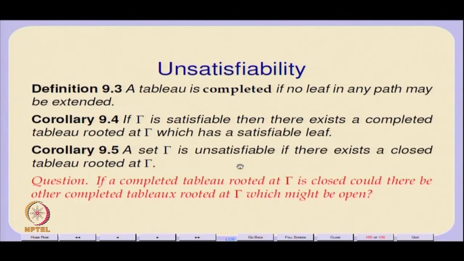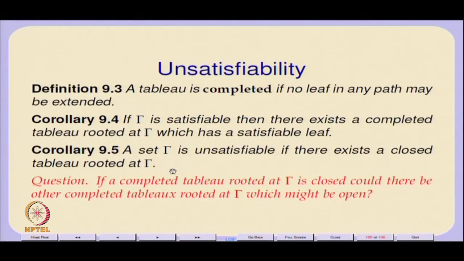And a set gamma is unsatisfiable if there exists a closed tableau rooted at gamma, which means every path ends in a bottom. Then the original set of formulae gamma that you started with is unsatisfiable.